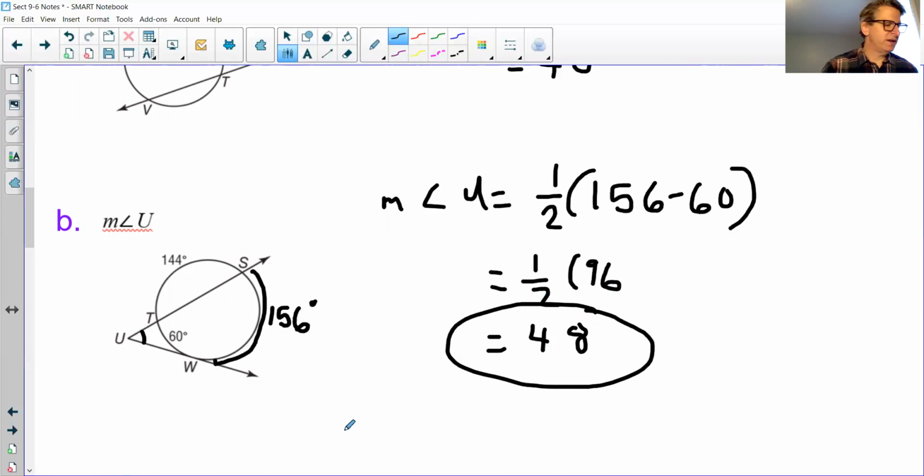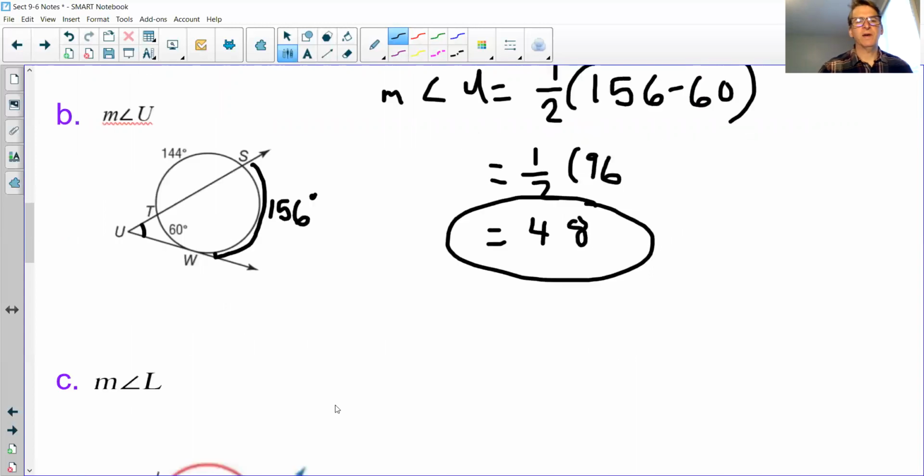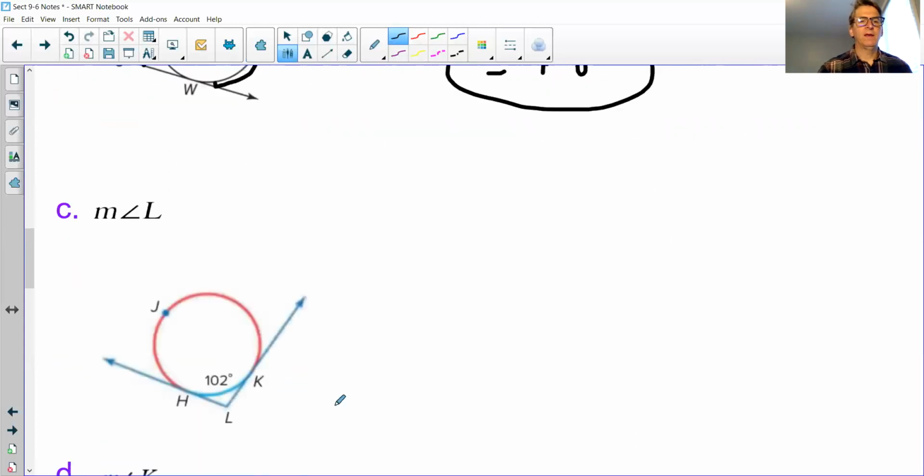Okay, letter C, angle L. So that one was easy. Here you've got 102, all right? So what you can do, if this arc is 102, we can subtract from 360 to get our arc out here, which is 258.